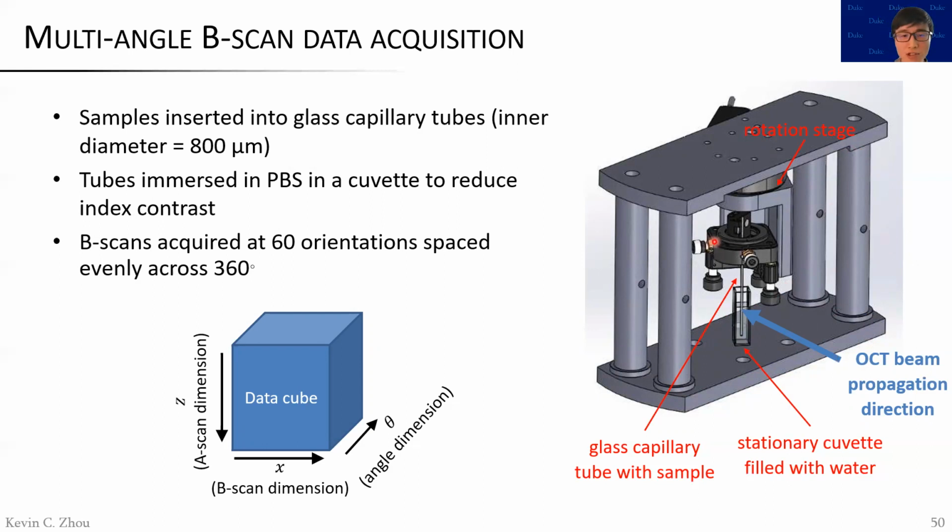We use this setup to acquire OCT B scans, or images, every 6 degrees for a total of 60 orientations spaced across all 360 degrees. At the end, we get this 3D data cube of XZ OCT B scans as a function of angle. I'll note that for the 3D case, we would obtain 5D data cubes, basically 3D volumes as a function of 2 angles, which we will see shortly.